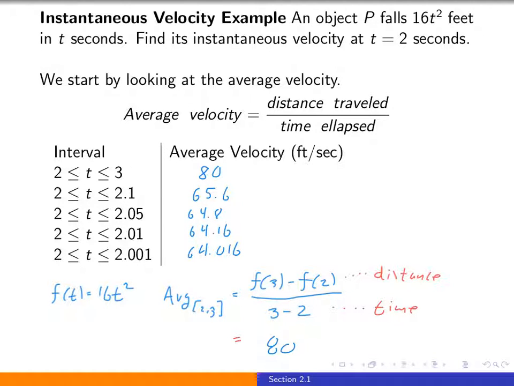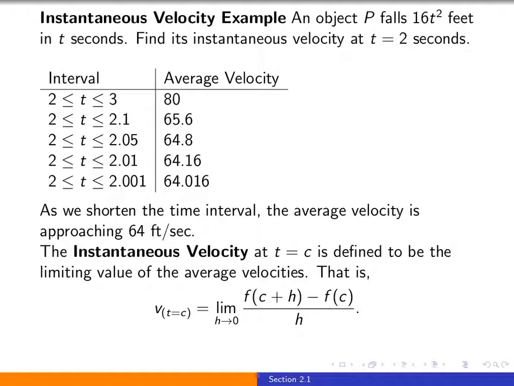And the big observation to make is, as we shorten that interval around 2, we see that the average velocities appear to be approaching the number 64. For this reason, we are going to define 64 to be the instantaneous velocity. So once again, as we shorten that time interval, the average velocity is approaching 64 feet per second, and we will call that the instantaneous velocity at t equals 2.